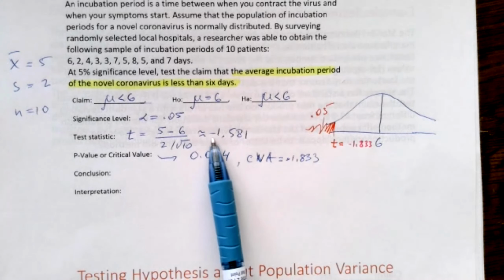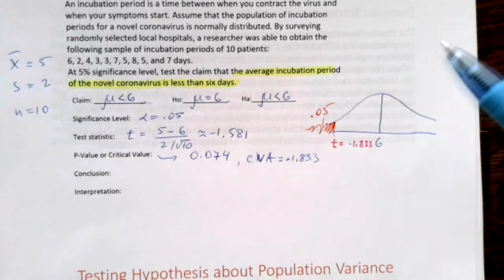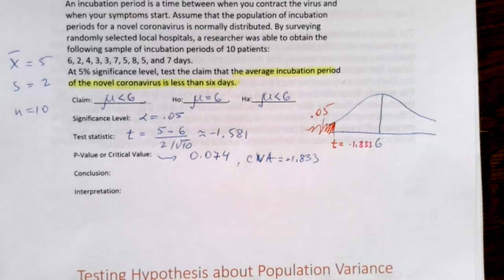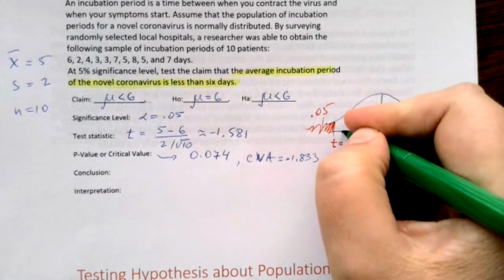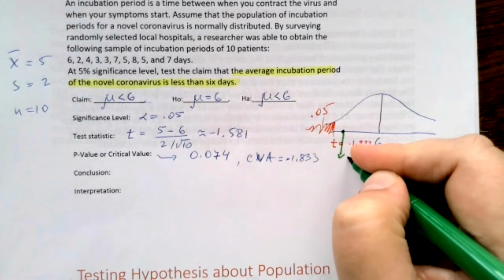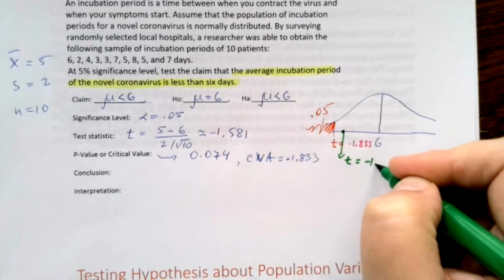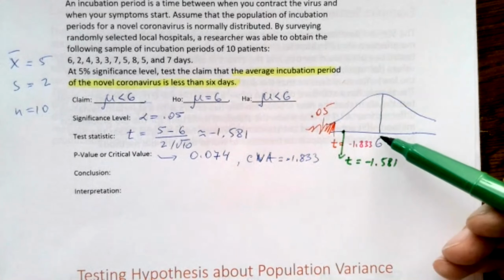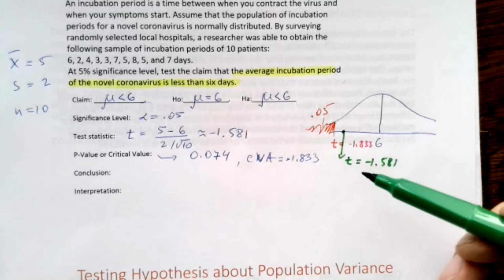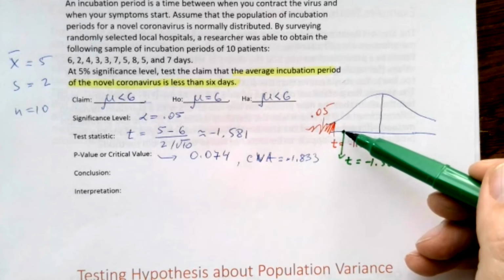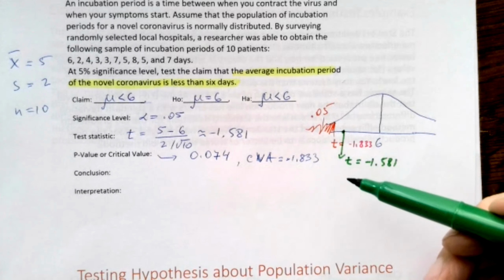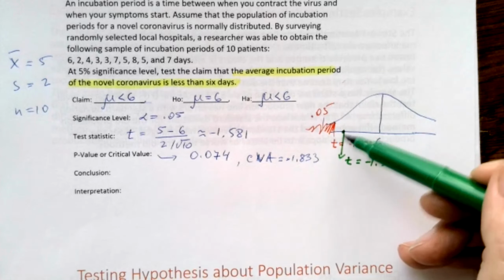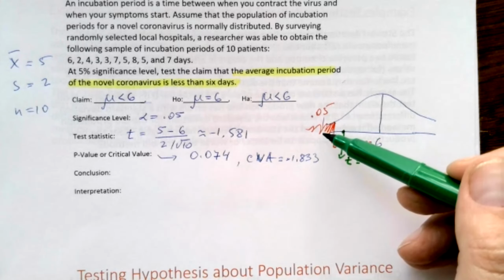The test statistic is negative 1.58, so it's going to be slightly on the right-hand side of my critical value, right? So maybe right here, we're going to say t is negative 1.581. That's my test statistic. So as we can see from this picture, our test value did not land far enough from that center value. It landed on the left side, but it didn't land far enough.